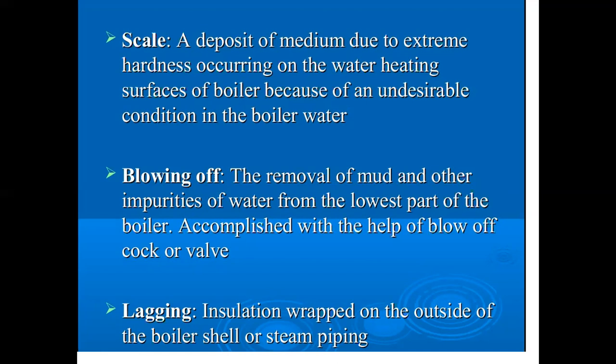Due to continuous heating, scale is formed on the surface of the boiler. The scale is a layer formed on the surface of the boiler, so it absorbs more heat, and we need to supply more heat.